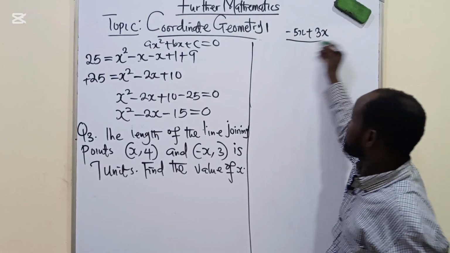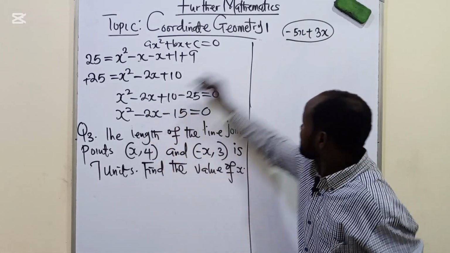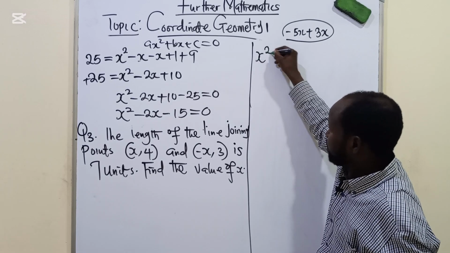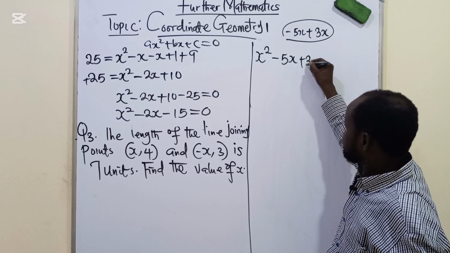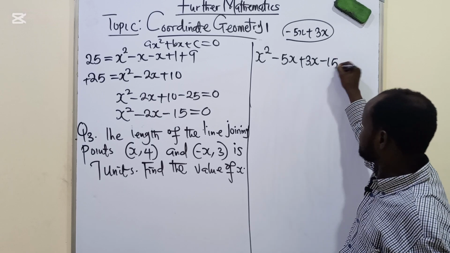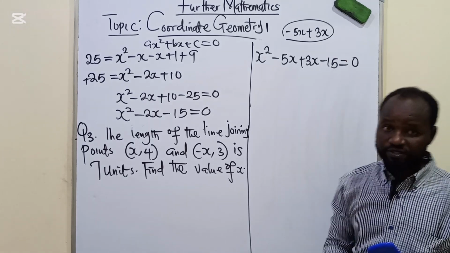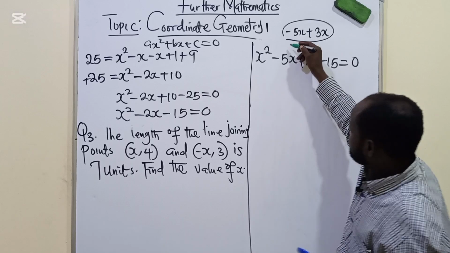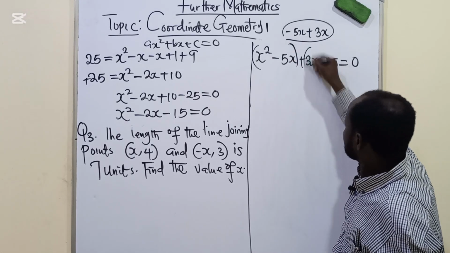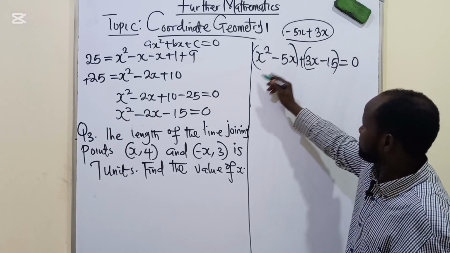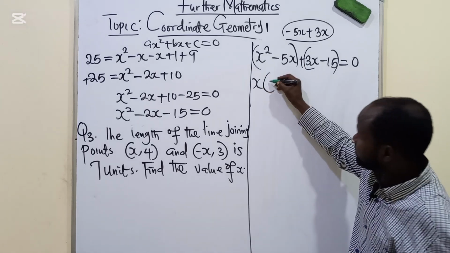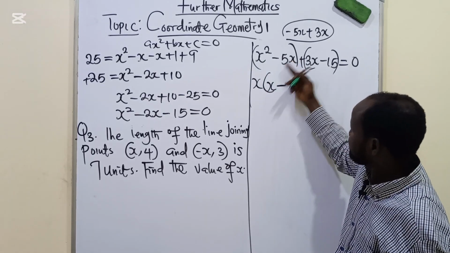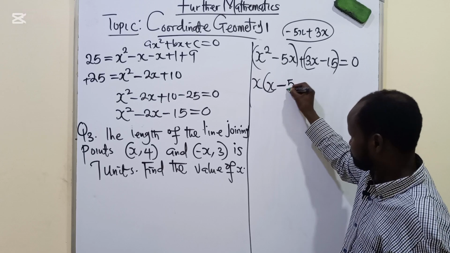Let's replace the middle term now with these two factors. It will be x squared minus 5x plus 3x minus 15 equals 0. Let's group this so that we can factor out. What is common here is x. Factoring x out, x squared divided by x will be x, minus 5x divided by x will be 5.